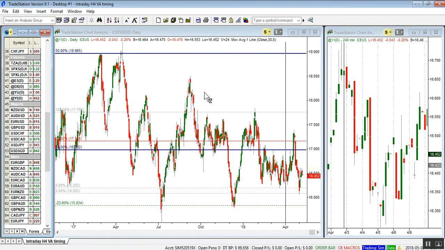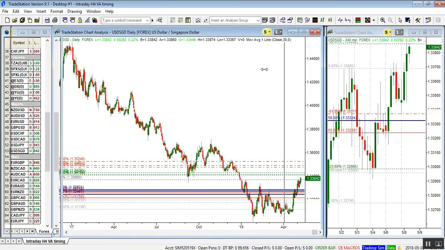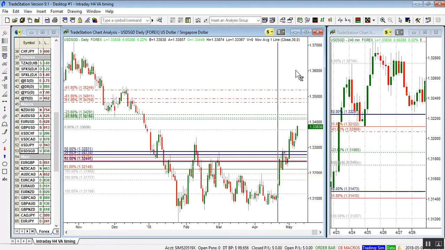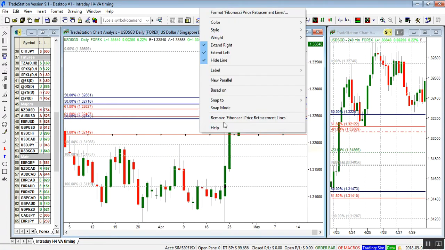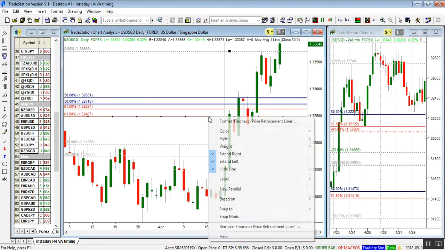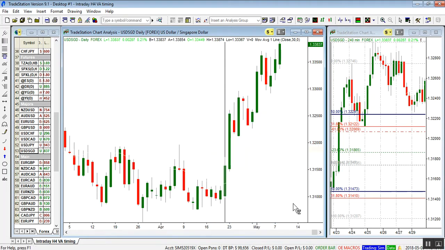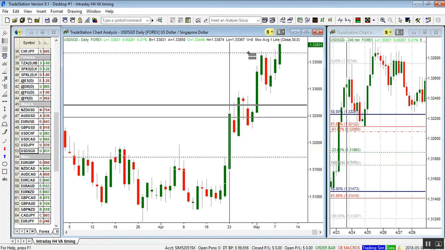Okay, so let's review the US dollar Singapore dollar first, and of course this market continues higher here. We indicated a number of levels and none of them came into play. This market has urgency to continue higher, and even the same anchor here came into play.